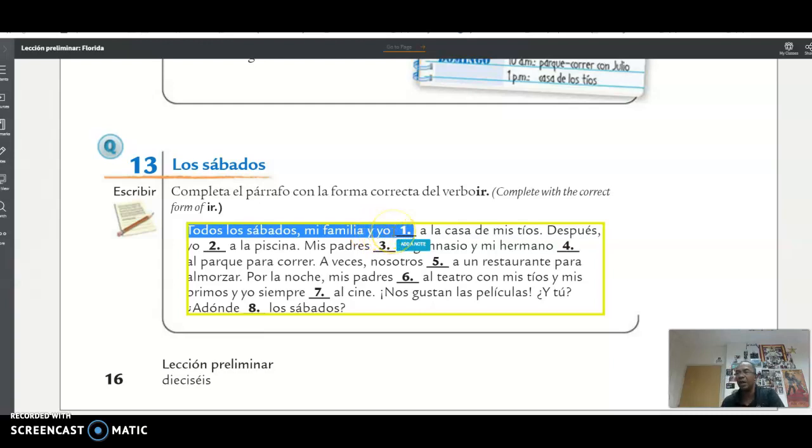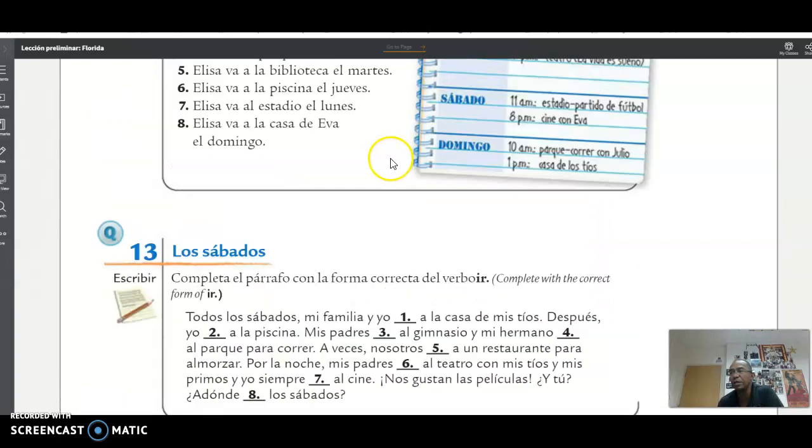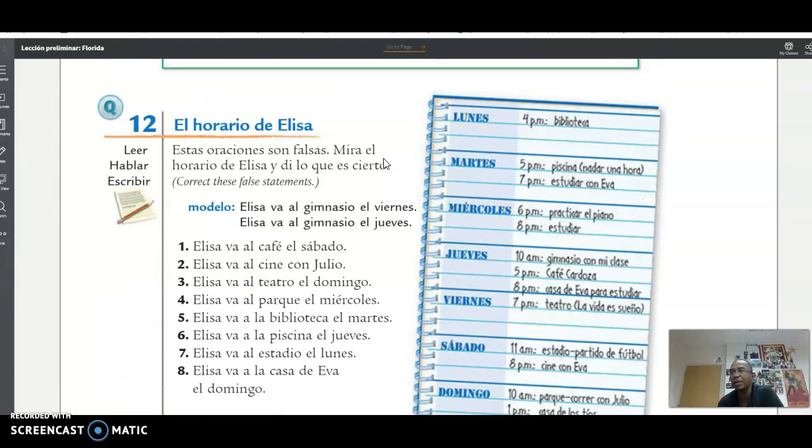Notice that a lot of people make the mistake of writing voy, but that's incorrect because you're including in the sentence my family and I. So that makes us, right? So it would be the nosotros form. So what would be the nosotros form of the verb ir? Don't forget, what is it?